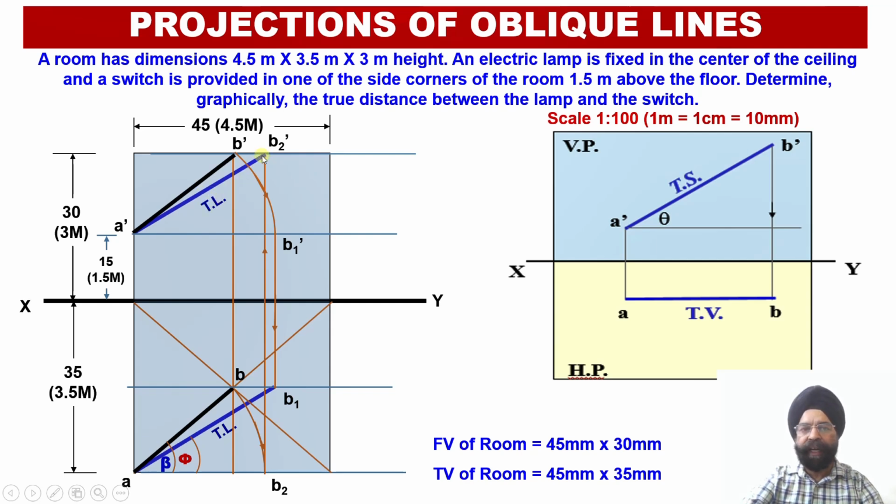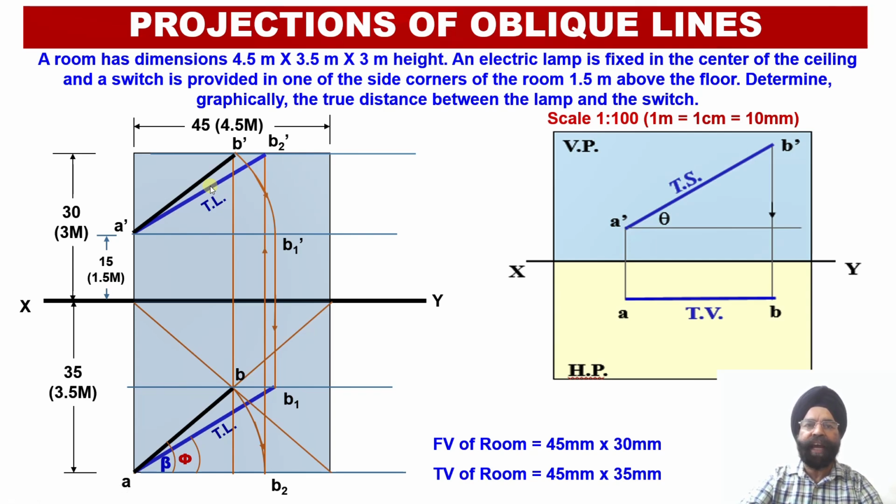Now having obtained this true length of the line, that is A dash B2 dash in the front view, and the true length of the line in the top view, that is AB1, we must evaluate that these two true lengths, that is these two distances which are shown by blue lines over here, should be equal to each other. Why?